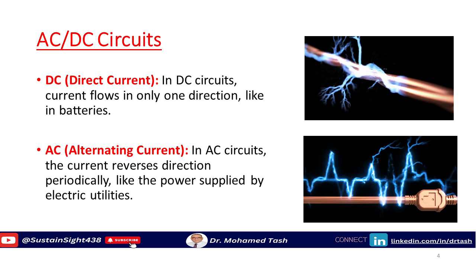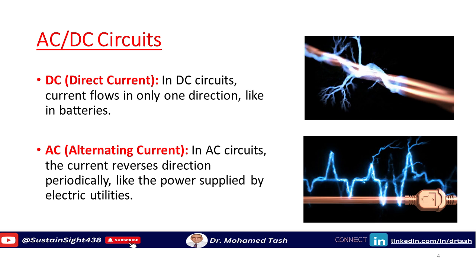In contrast, we have AC, which stands for alternating current. Imagine this as a two-way street with traffic changing direction regularly. In AC circuits, the direction of the electric current reverses periodically. The power supplied by electric utilities to our homes and businesses is typically AC.